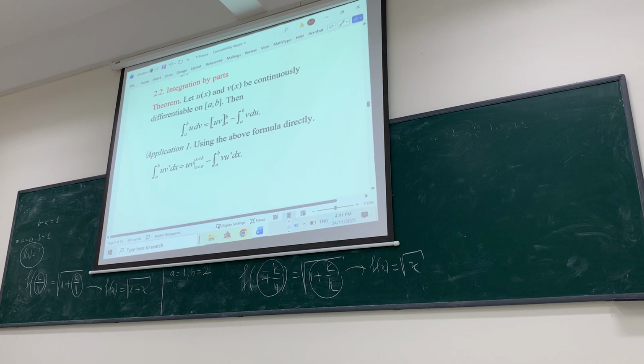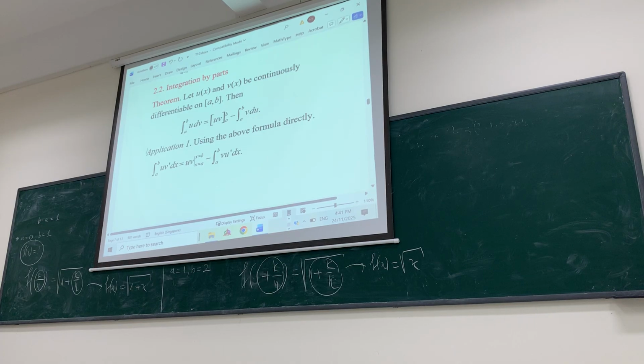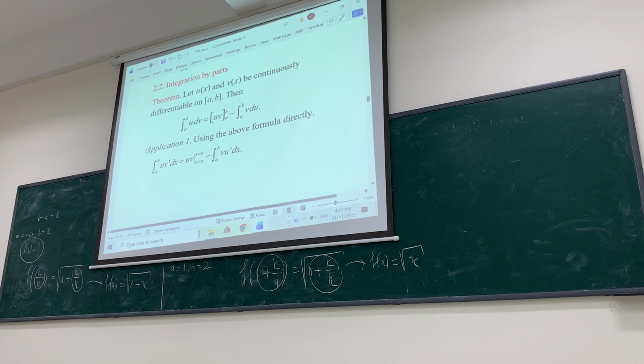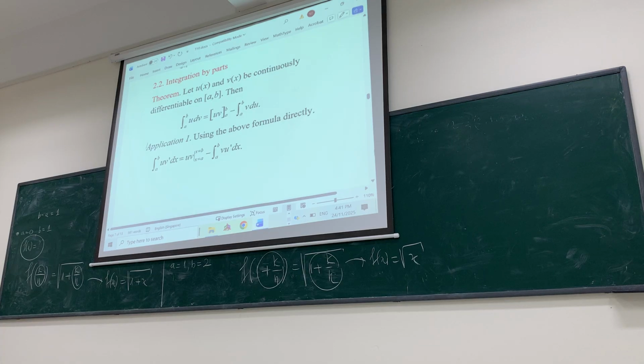The second way, we can apply integration by parts for the indefinite integral. After that, we can use the Newton-Leibniz formula to estimate the definite integral.